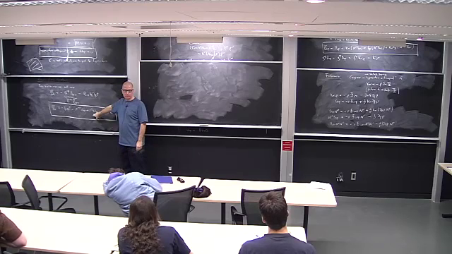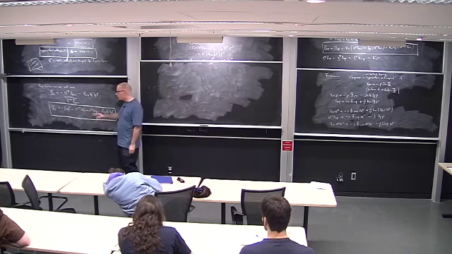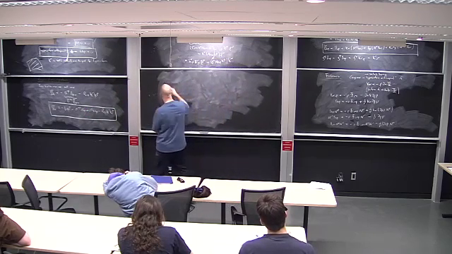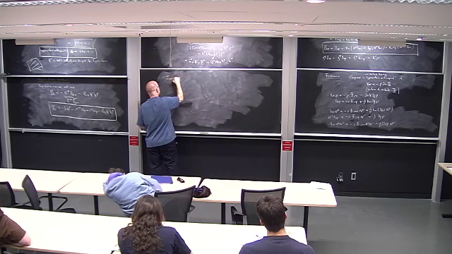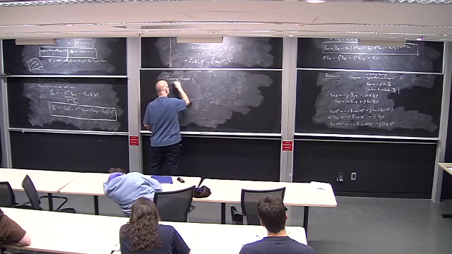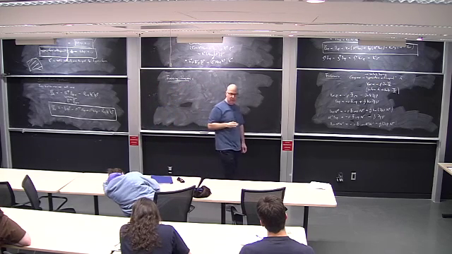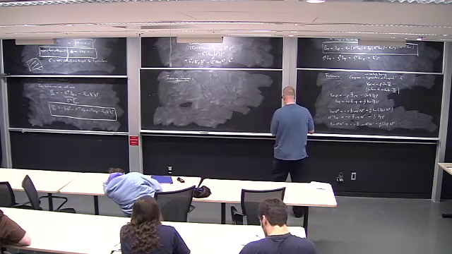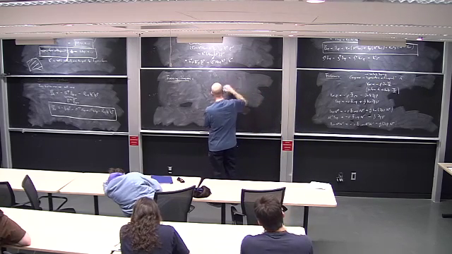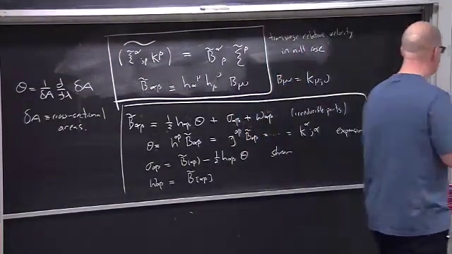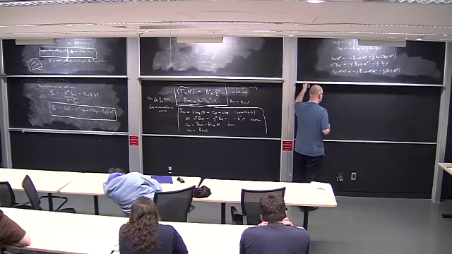What do you mean exactly by null surface? That's a good question. I won't write on this board. So a hypersurface is some restriction on the 4 coordinates of the form a scalar function of all 4 coordinates is constant.